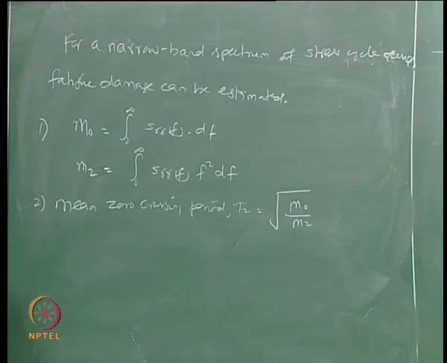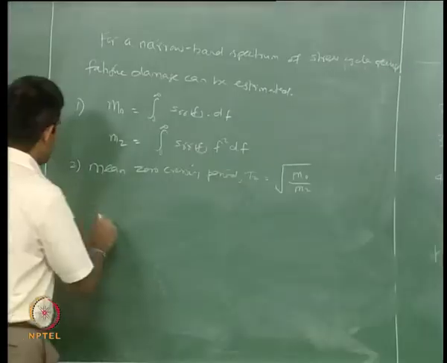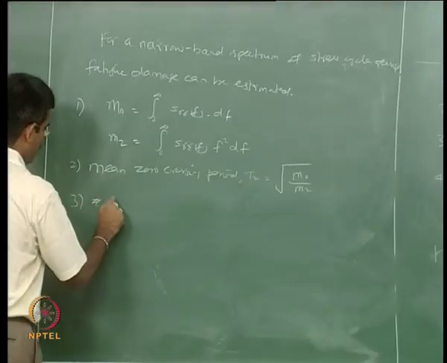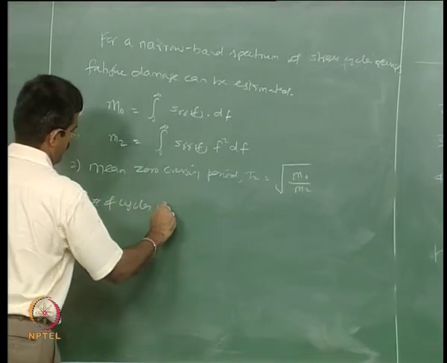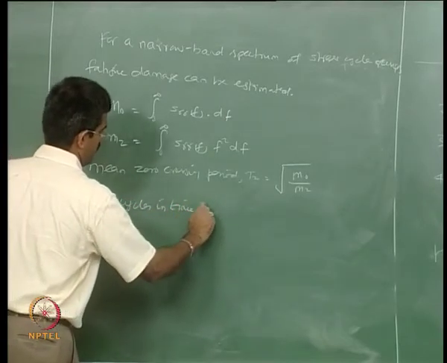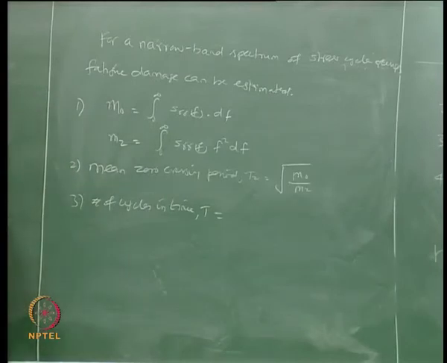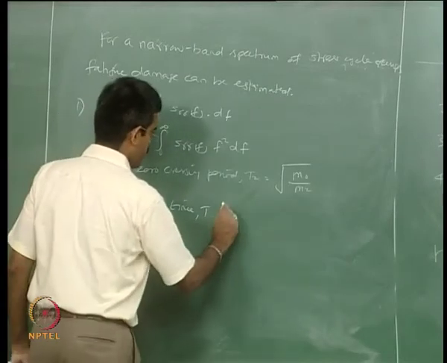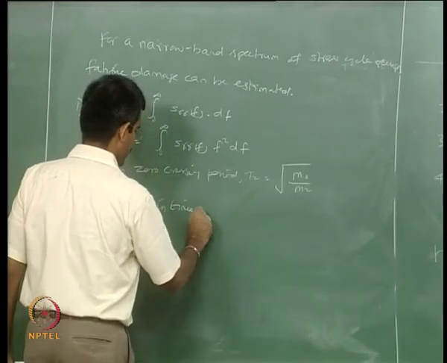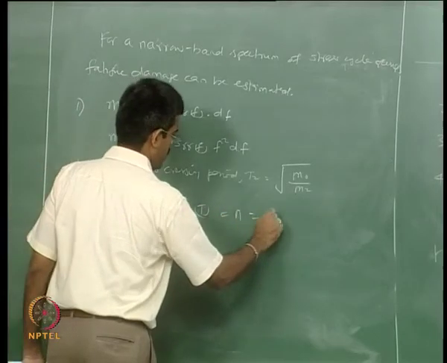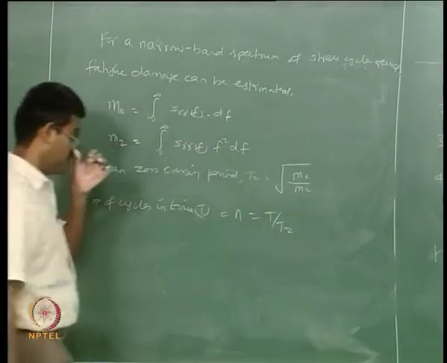Tz is m0 by m2. The number of cycles in time t is given by n, which is t by Tz.